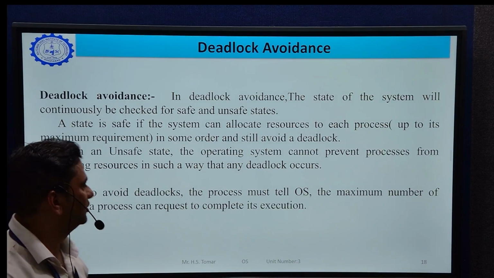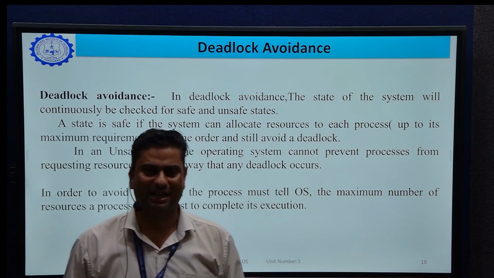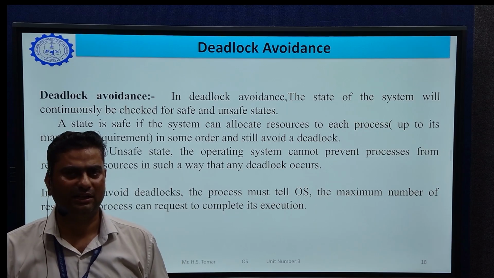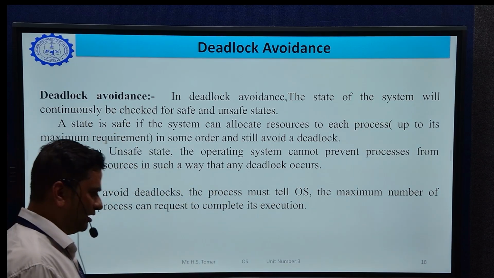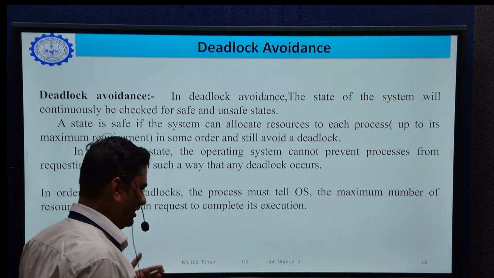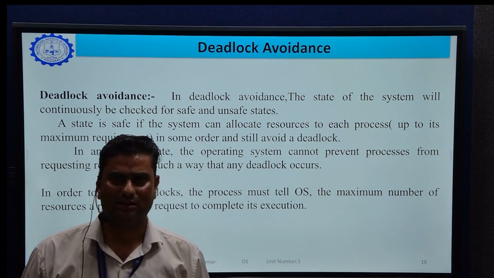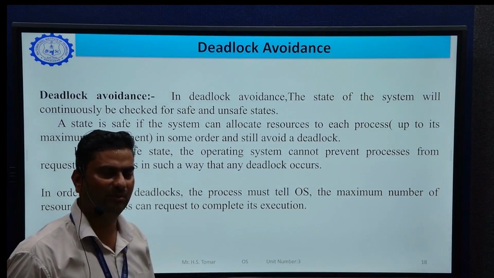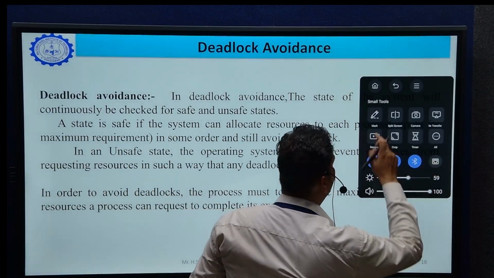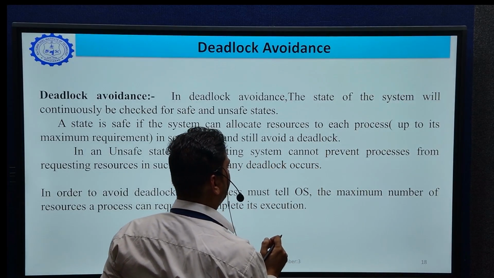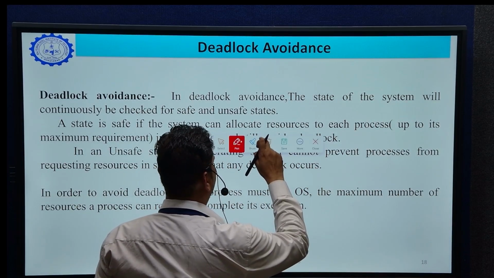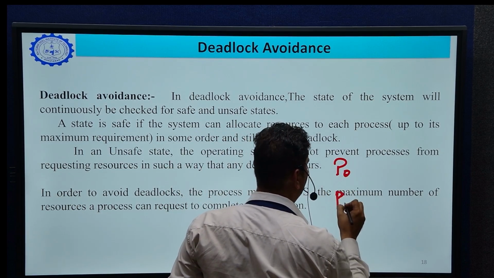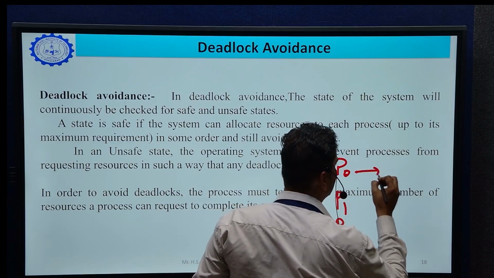Deadlock avoidance is a strategy or method in which deadlock is permanently removed from a system. How is it removed? At run time, all the processes, let's suppose P0, P1, P2, demand resources. Each has a maximum demand.